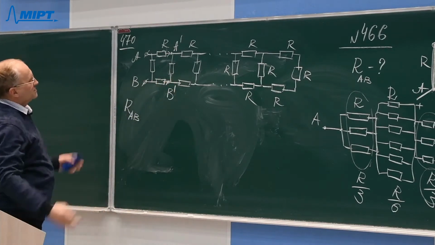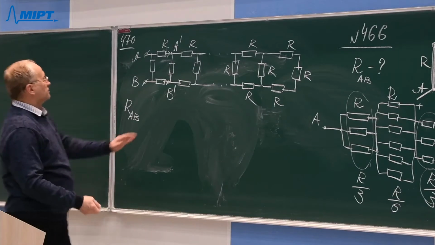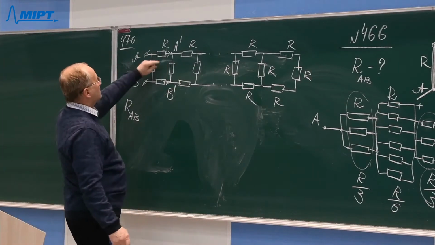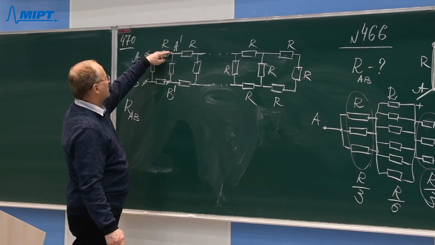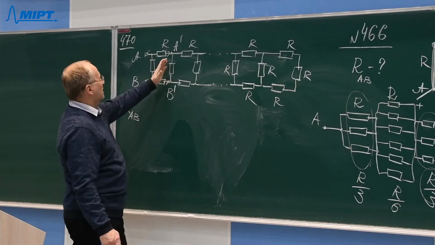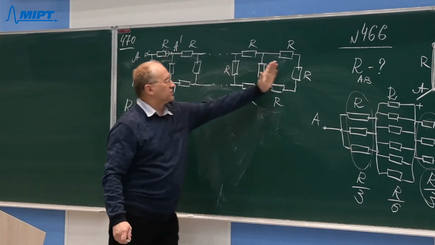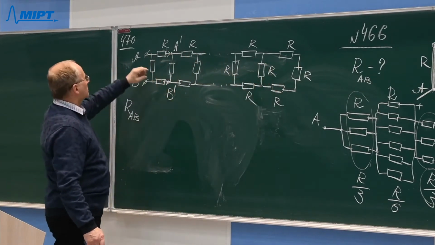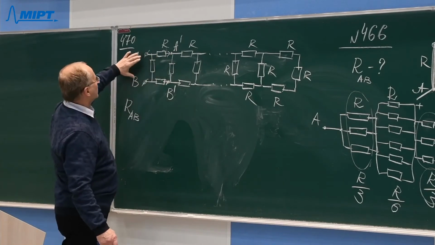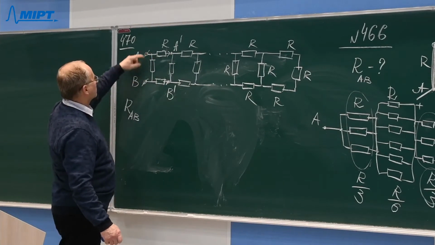So I may consider two situations. When the first cell is disconnected, I have to measure the resistance between A prime and B prime, the resistance of the remaining circuit. And the second situation, when this first cell here is connected and I have to measure the resistance between points A and B.